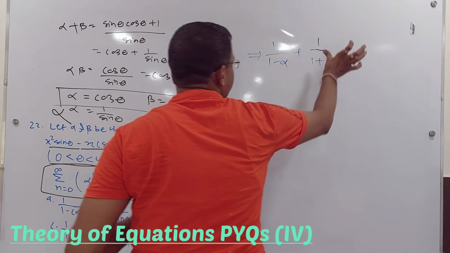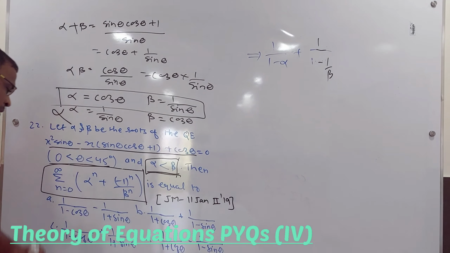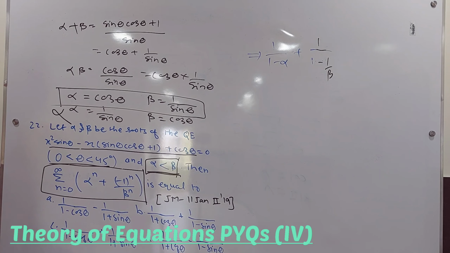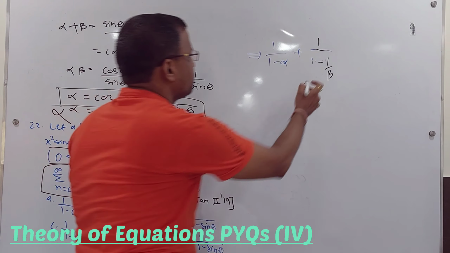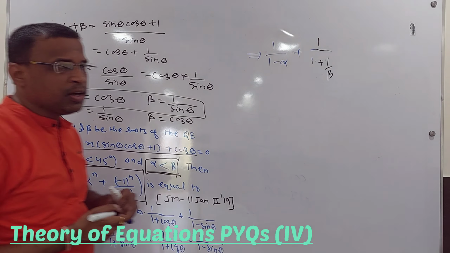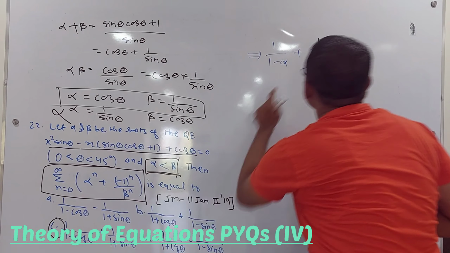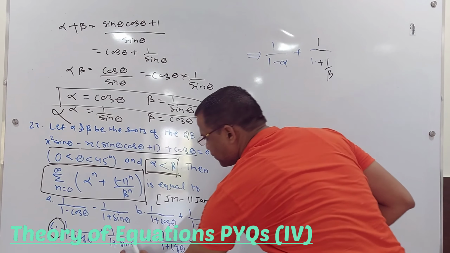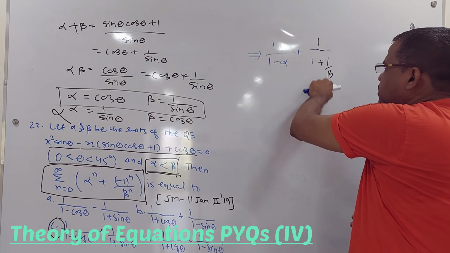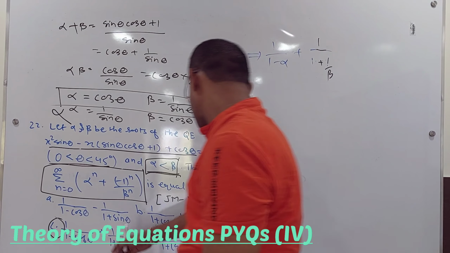That will be your final answer. It's minus. Fine. So 1 upon 1 minus cos theta plus, plus. So your answer option C will come. Check out again. Alpha is cos theta. So 1 upon 1 minus cos theta plus 1 upon 1 plus. If you want to do this cross, beta plus 1 and beta goes up. So your answer option will be this one.